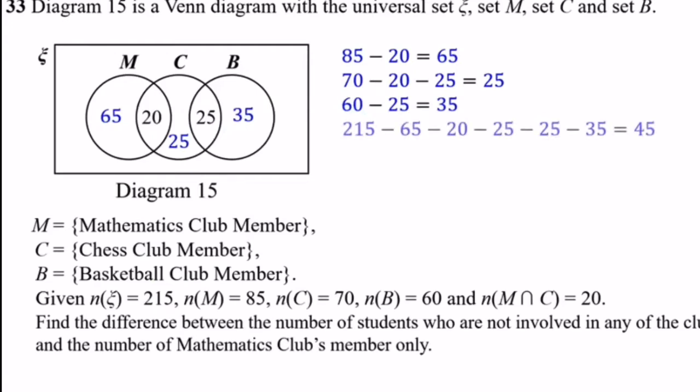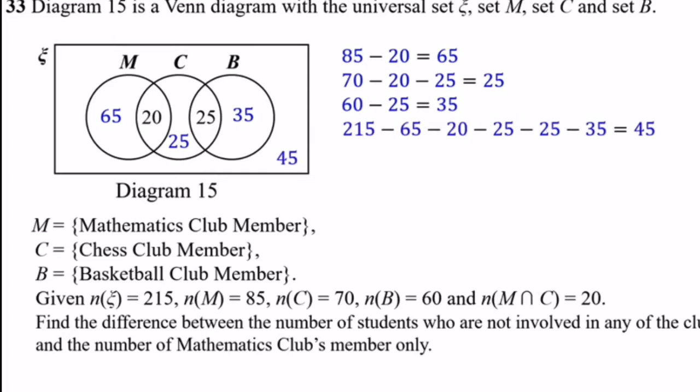So you take 215 minus 65 minus 20 minus 25 minus 25 and minus 35. So the answer is 45. That is the answer for the students who are not joining any of the clubs, which is 45.